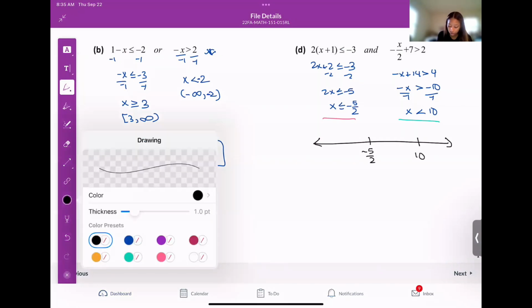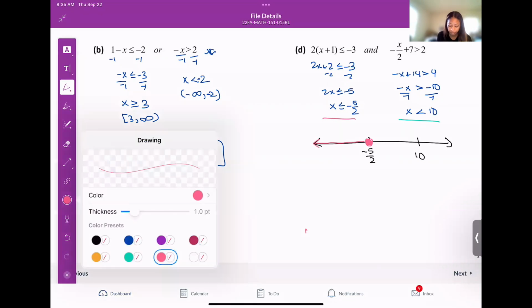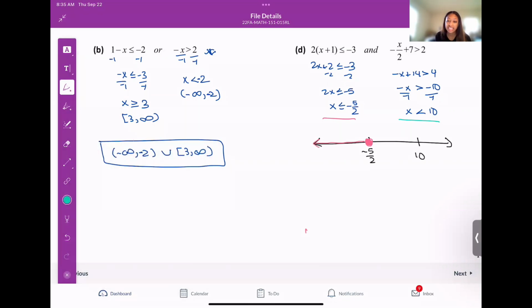So for drawing the solution for x is less than or equal to -5/2, we're starting at -5/2, it's included, and then we shade in everything less than this. For the other one, x is less than 10. We have an open circle around 10, and then we shade in everything less than this.